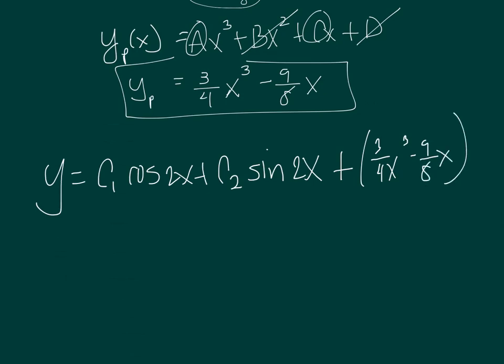Our choice worked, because we didn't get a false statement, and this polynomial doesn't live in this expression. So we are actually adding something new here. If our y sub p involved cosine 2x, then we probably would have multiplied our yp times x, like I did in the last example. So this is, again, your final solution. Here's your yc and yp.